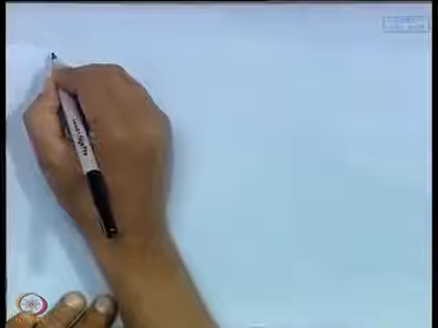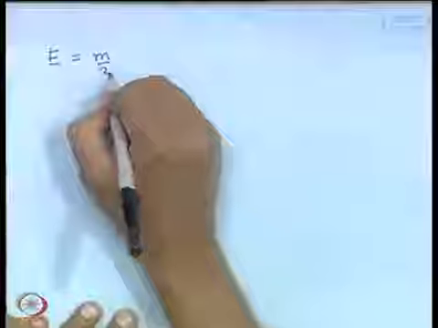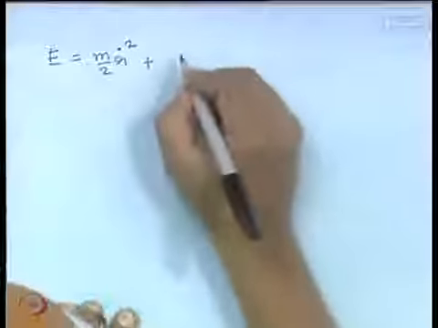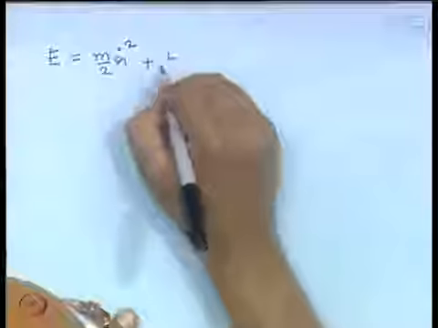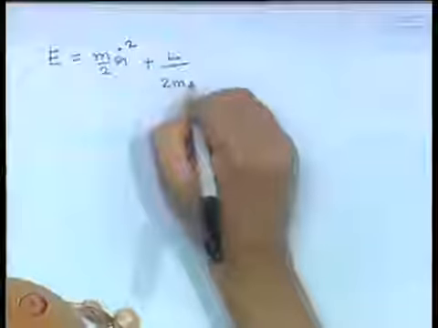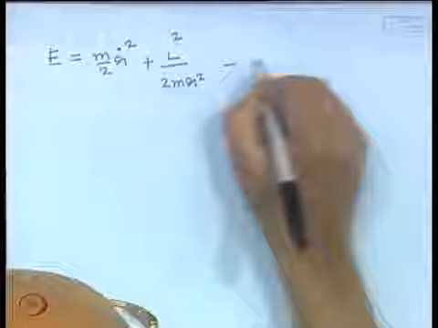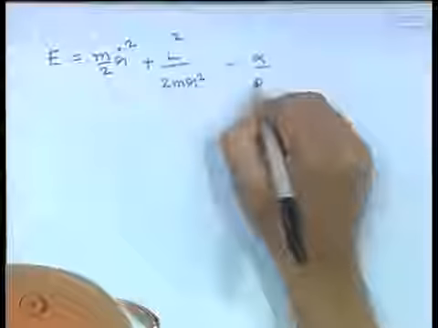We have the conservation of angular momentum. Let me write that down again. Let me start with the energy, the conservation of energy E. We had calculated this was m by 2 r dot square plus L square by 2 m r square minus alpha by r.